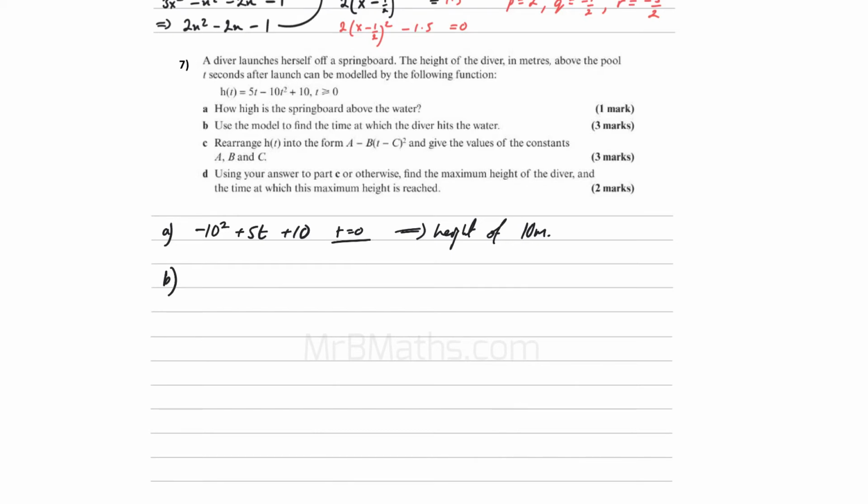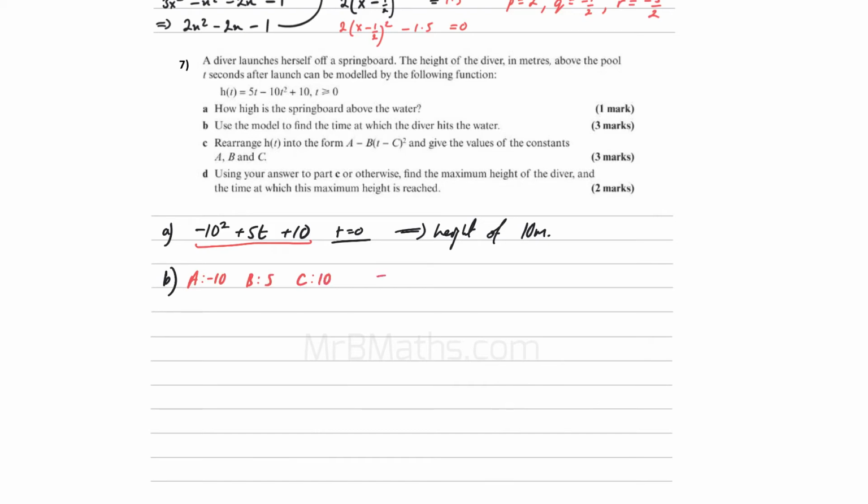Okay. B. Use the model to find the time in which the diver hits the water. So here we've got a quadratic. Okay, t representing time. We need to find the 2 potential times, or the potential time when the diver hits the water. So we need to set A, B, and C. We've got A as -10, B as +5, and C as 10.